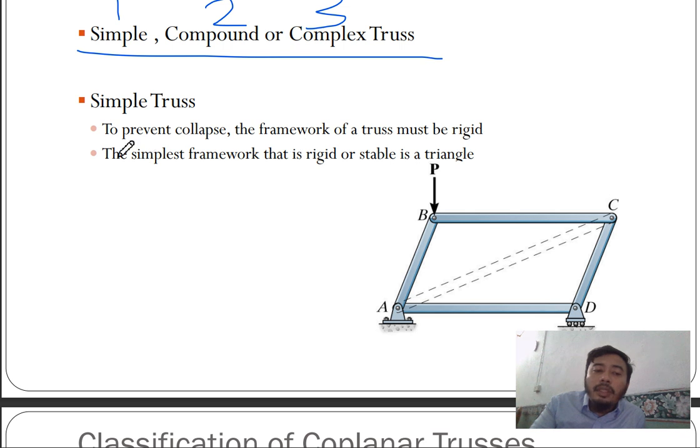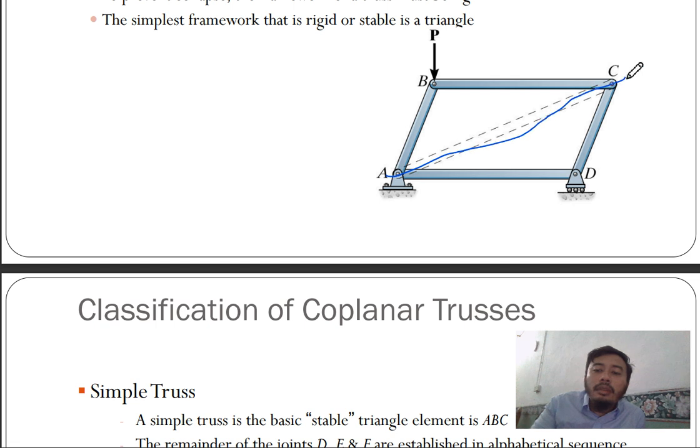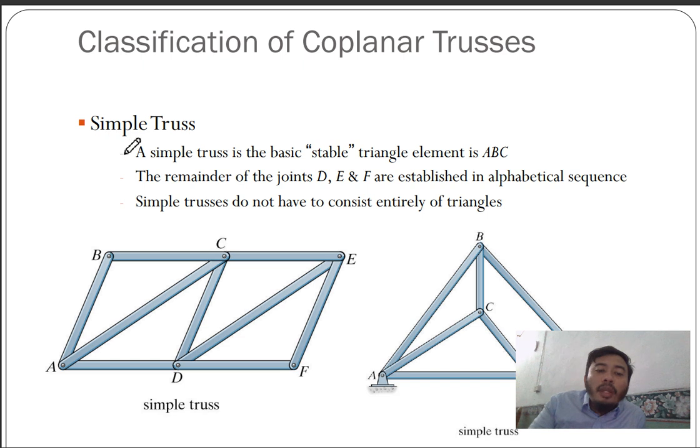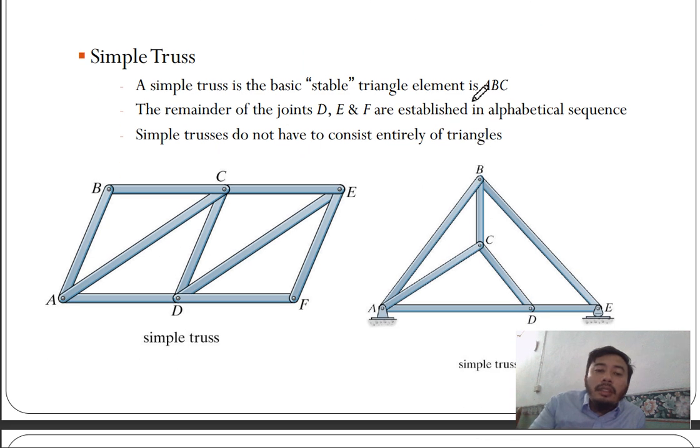Second, a simple truss. To prevent collapse, the framework of a truss must be rigid. So the simplest framework that is rigid or stable is the triangle. So you add a triangle here, so it will be rigid. If not, this truss will collapse. A simple truss is a basic stable triangle element as ABC, A, B, C. So it's a triangle.